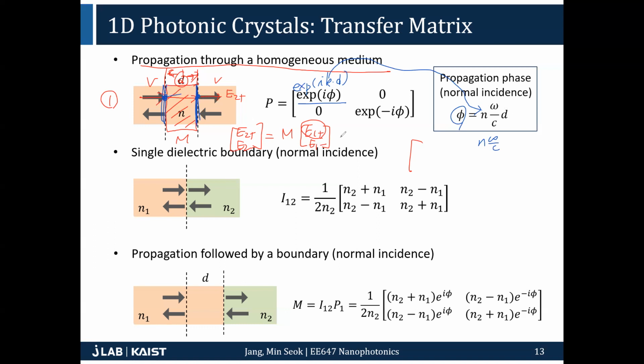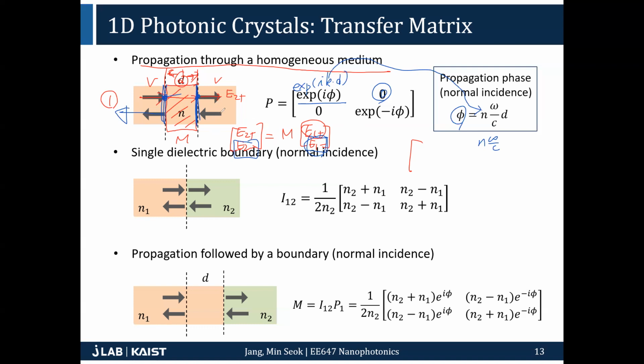And of course, the term which connects E1 minus to E2 plus is 0 because there's no reflection or anything. So it must be 0. And similarly, if you think about the relation between E2 minus and E1 minus, E1 minus is propagating in that way.